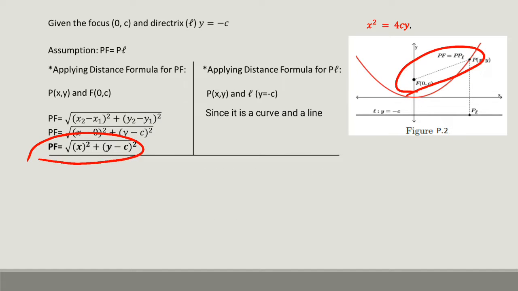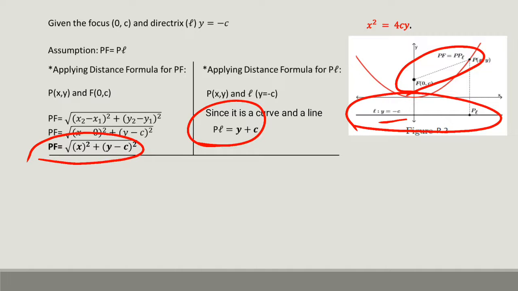Since directrix is a line, so, ita-transpose lang natin yung negative c papunta sa kabila. So, magkakaroon tayo ng directrix equation that is y plus c. So, ang gagawin natin, pag-i-equate natin ang dalawang equation. So, meron tayong square root of x squared plus (y minus c) raised to 2 is equivalent to y plus c.